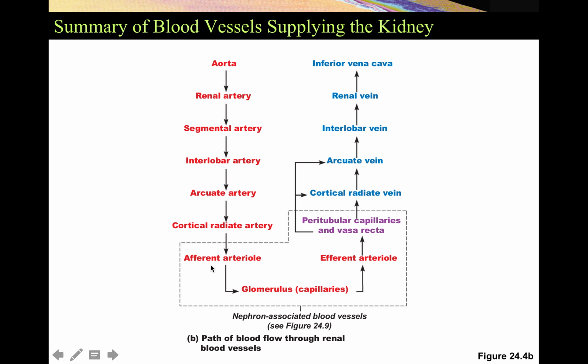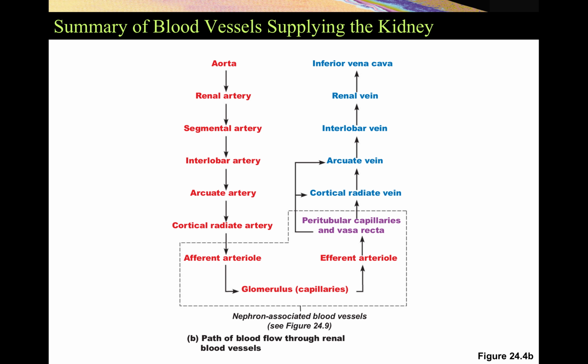The cortical radiate artery forms smaller branches for each nephron called the afferent arteriole, which eventually becomes the glomerulus. Then the glomerulus merges together to form your efferent arteriole. The efferent arteriole then wraps around the nephron tubule as either peritubular capillaries or vasa recta, with the same function.